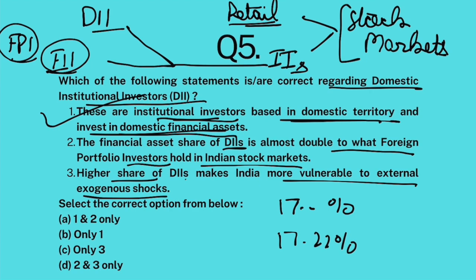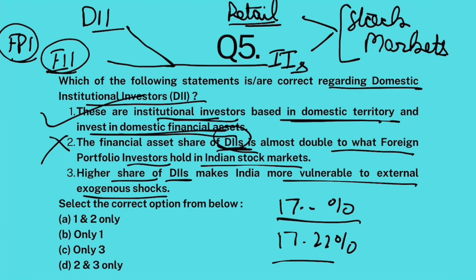So the financial assets held by both DII and FII are neck and neck. DIIs don't hold double the amount of foreign portfolio investors. In fact, a few years back, the share of FPIs was higher than DIIs. So this is false.